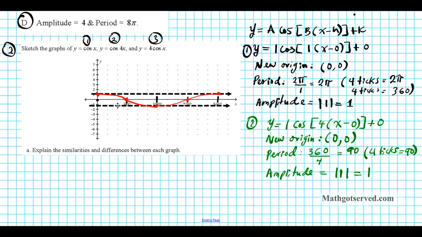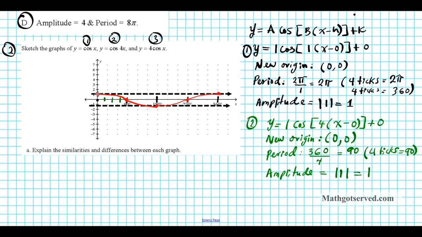We're still graphing cosine. Let's do the first calibration. 4 tick marks equals 90, so we have to divide this 90-degree region into 4. The quickest way to do it is to split it down the center into 2 halves, and then split the halves you created into another set of halves. Alright, so we can graph it there.